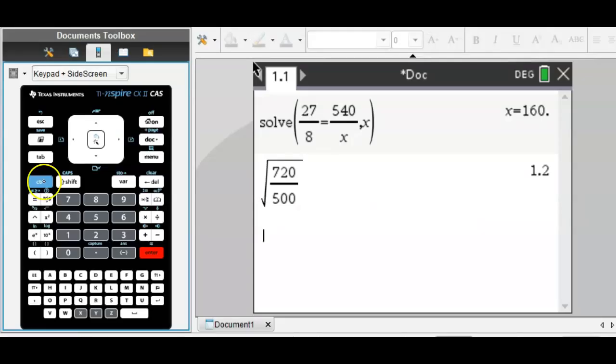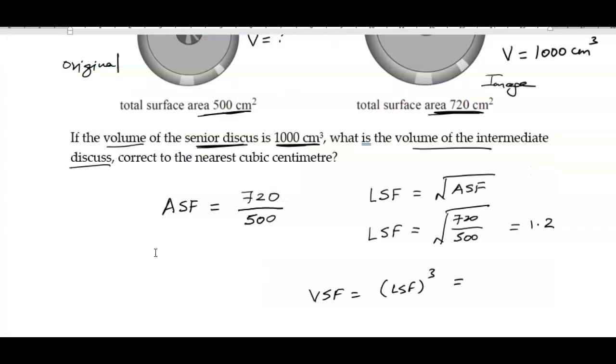So all I'm going to do is use the answer from the previous step and cube the answer. That gives me the volume scale factor. By doing it in this format, you can avoid any rounding errors.